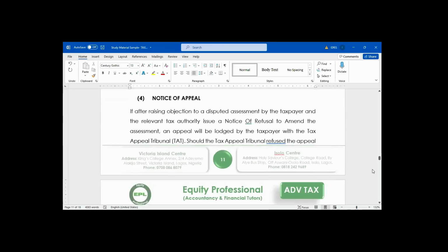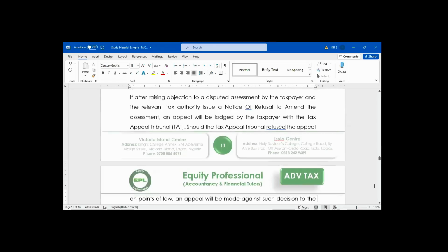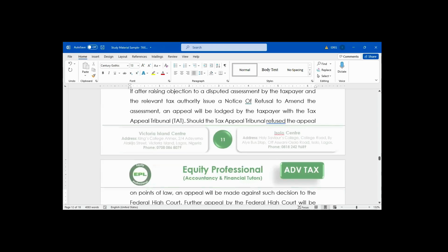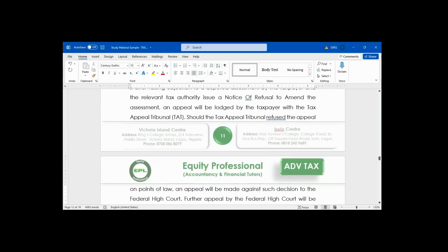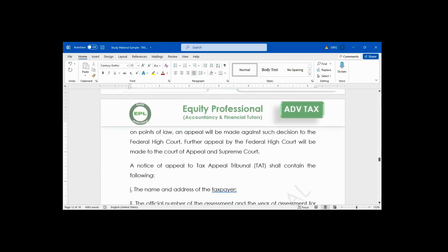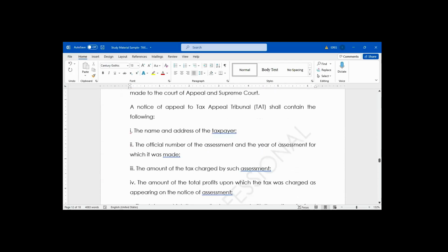The official number of the assessment and the year of the assessment. The amount of tax charged by such assessment.